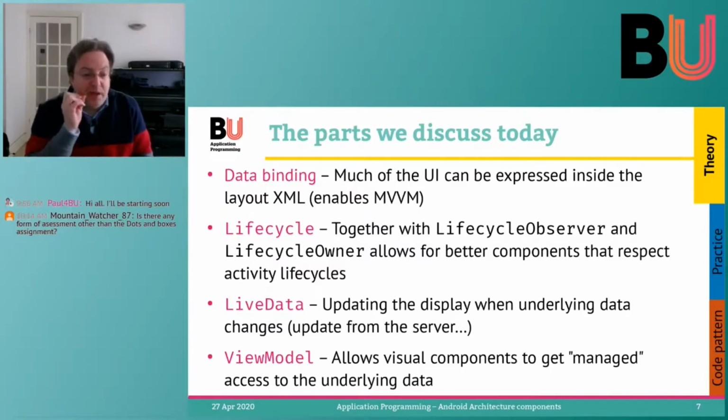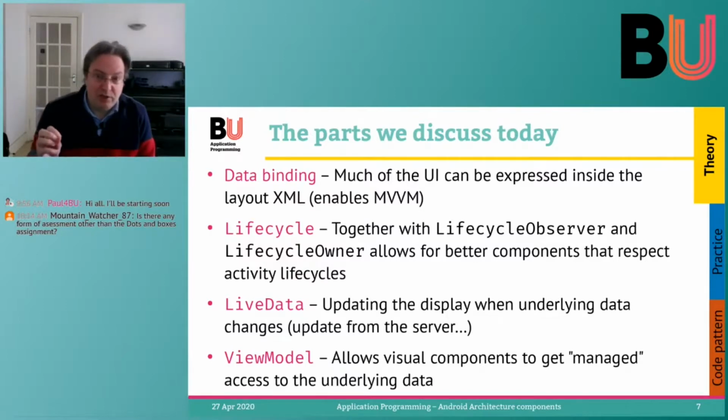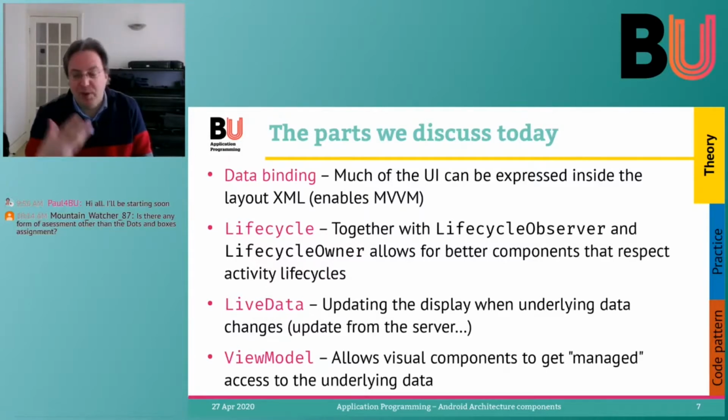So live data relates to that. So how do you actually update data into a UI? How do you say, if you have a post of someone and there's an image to that, how do you update the image or the post once you've managed to download the image that belongs to the post?